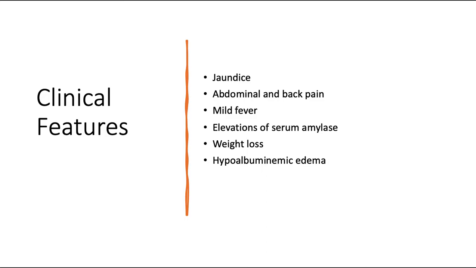A very helpful finding is visualization of calcifications within the pancreas by computed tomography or ultrasonography. Weight loss and hypoalbuminemic edema from malabsorption caused by pancreatic exocrine insufficiency can also point to the disease.